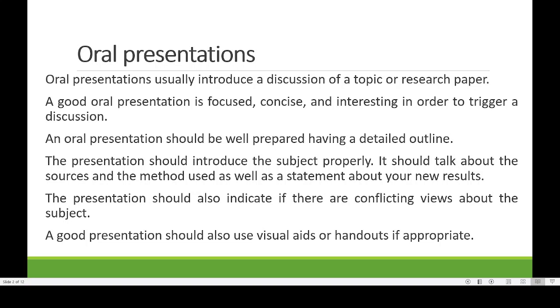A good presentation should also use visual aids or handouts. Visual aids usually means photographs, or you can say movies, small videos. For example, if you are making a 5 minute presentation, and you have a video of 30 seconds about amphibians moving around, that will be interesting to the observer.